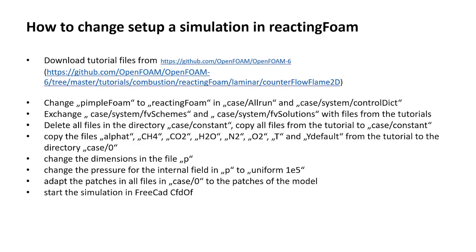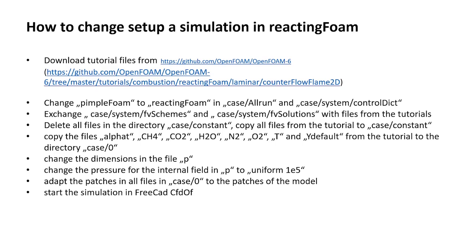The next thing is you must exchange the case/system/fvSchemes and case/system/fvSolution with the files from the tutorial. You should delete all the files in the directory case/constant and copy all files from the tutorial to case/constant. Then you should copy the files alphat, CH4, CO2, H2O, N2, O2, T, and Ydefault from the tutorial to the directory case/0.